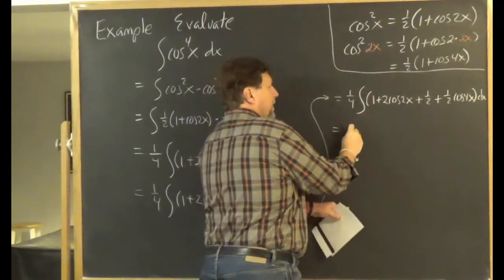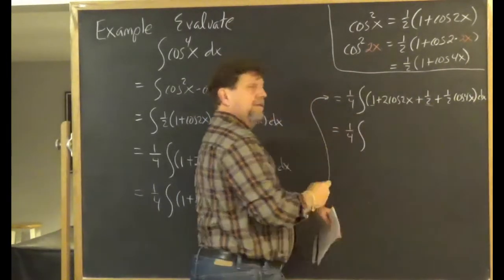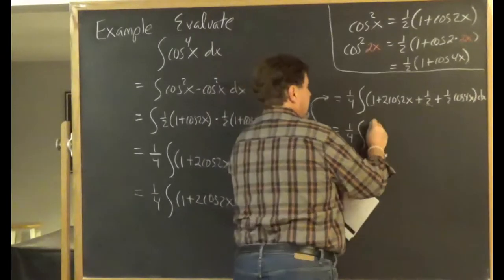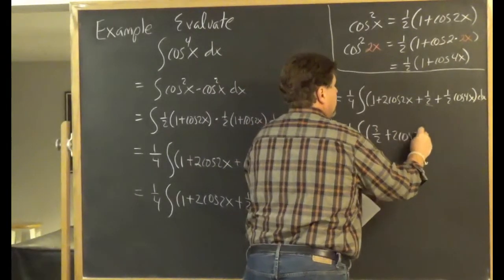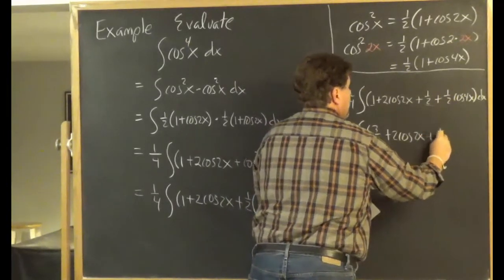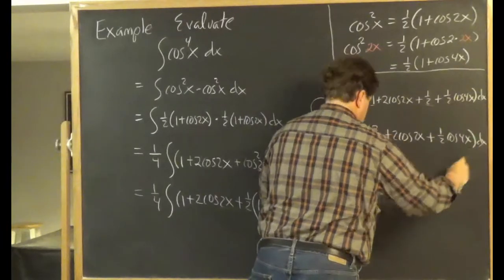One more little step: 1 plus 1/2 is 3/2. So 3/2 plus 2 cosine 2x plus 1/2 cosine 4x.